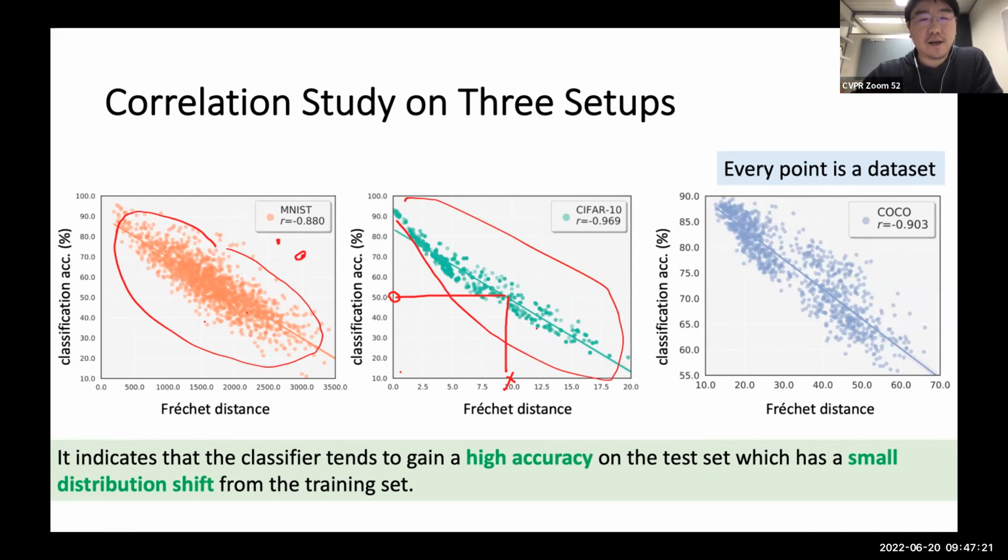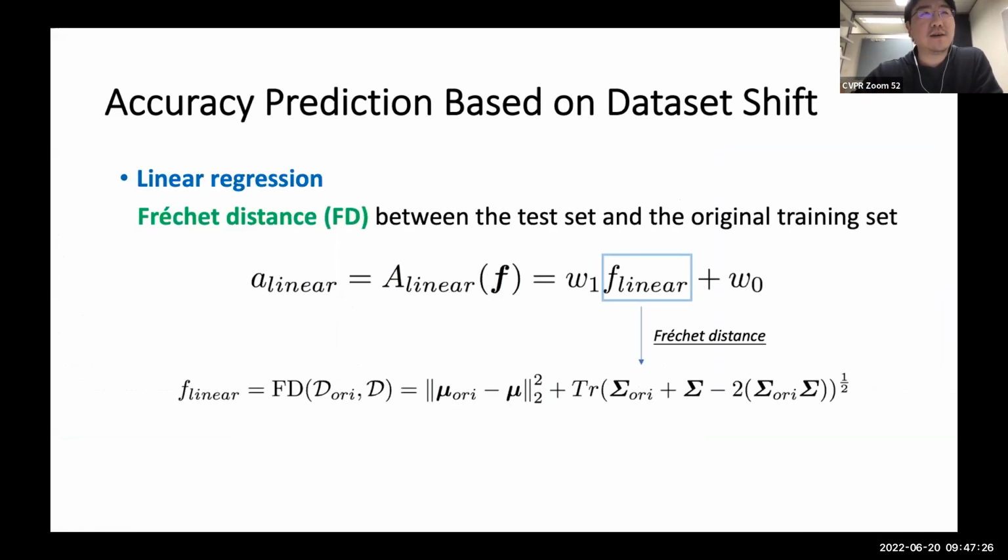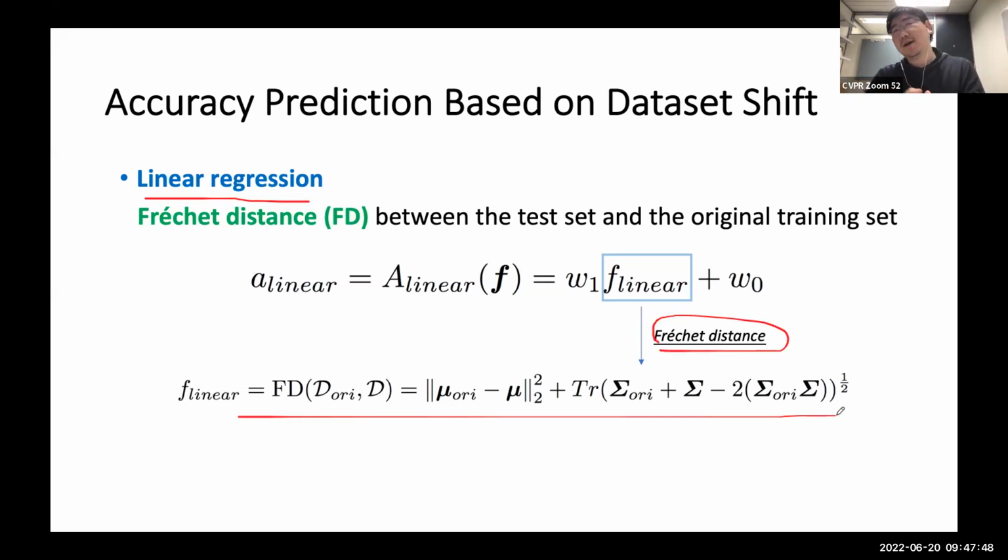All right, go forward. Previously we saw some linear relationships, so a very natural thought is to use linear regression to model this relationship. We use this feature distance, whose equation is here. When we have two distributions, it calculates their difference in mean and their difference in the covariance matrix.